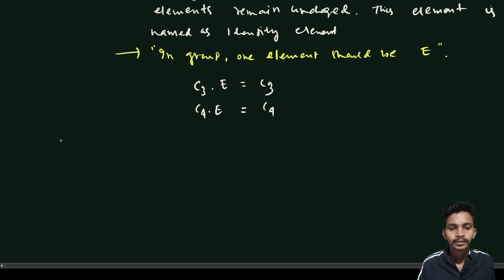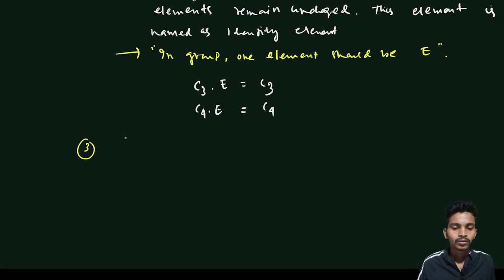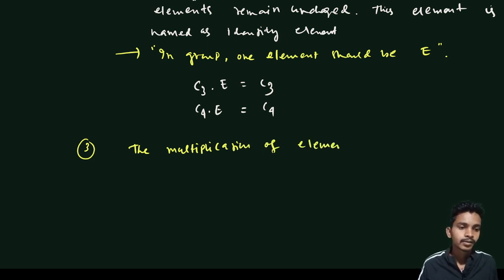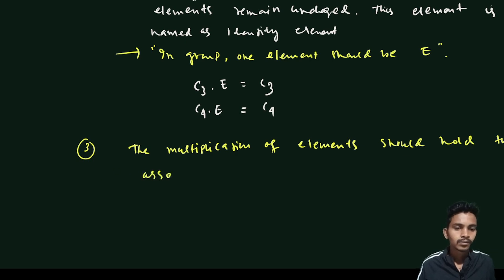And the third rule is that the multiplication of elements should hold the associative law.